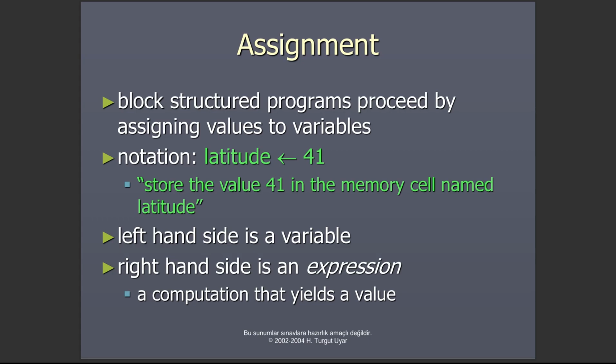Don't forget these words: variable and value. Our variable is latitude and the value is the 41 we stored in it. The left side is the variable and the right side is the value or calculation. This is how programs work step by step.